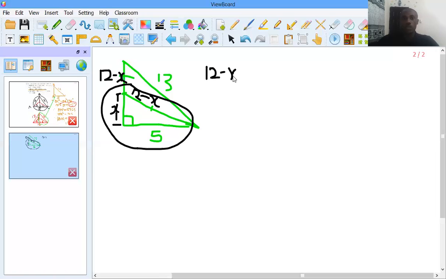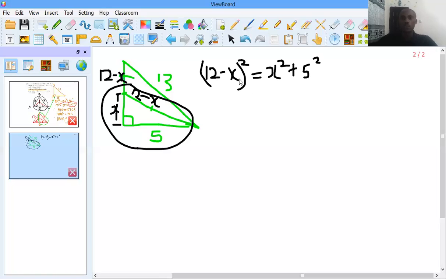According to Pythagoras theorem, the square of the hypotenuse, and 12 minus x is the hypotenuse for the smaller right-angled triangle, is equal to the sum of the squares of the other two sides: x squared plus 5 squared.